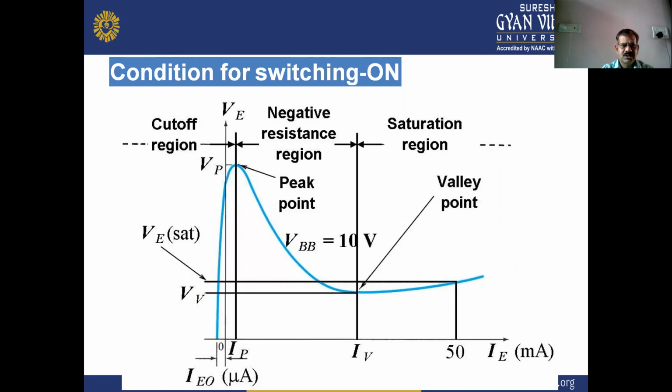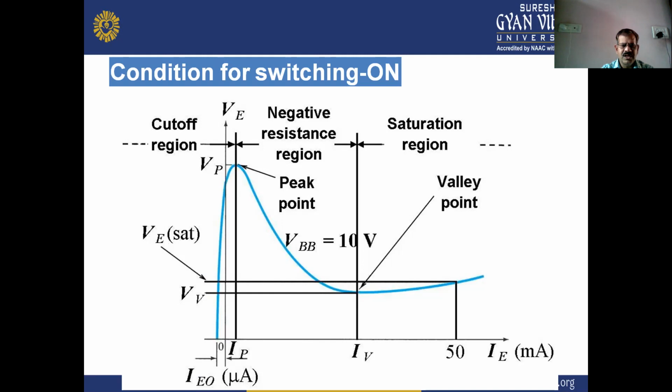So in this graph of V-I characteristics of UJT, there are three regions: cutoff region, negative resistance region, and saturation region.